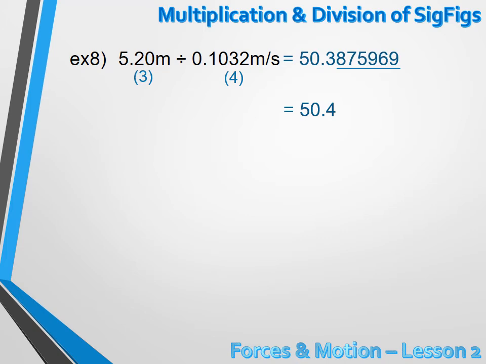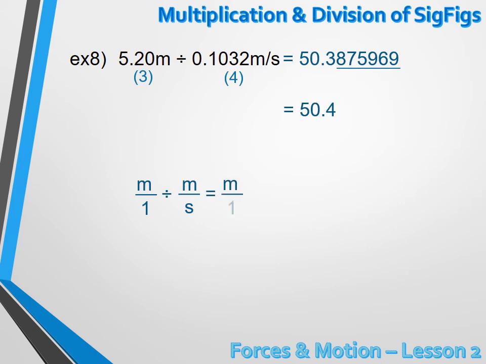Now for our units, we have meters divided by meters per second. And again, I always want you to write them as fractions. So I won't write just meters. I'll write meters over 1 divided by meters per second. So meters over seconds. When we have division, we want to change it to multiplication, and to do that we have to take the reciprocal of the second fraction.